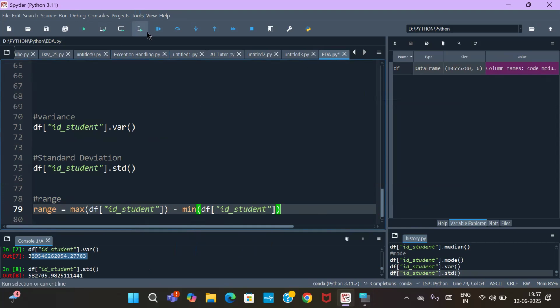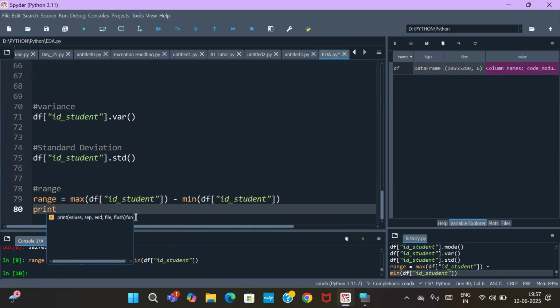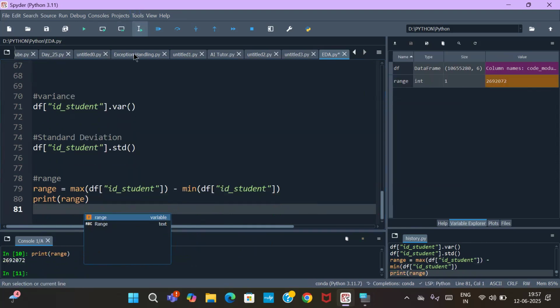If I execute this line of code, and here if I print range, you can see here, this is my range, this is the max and min.